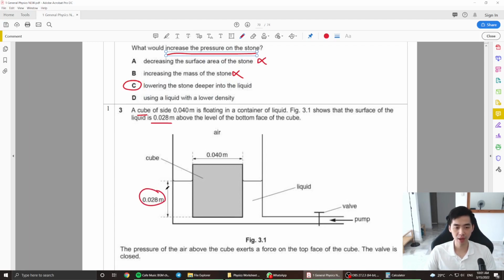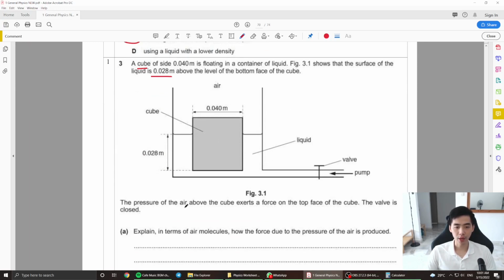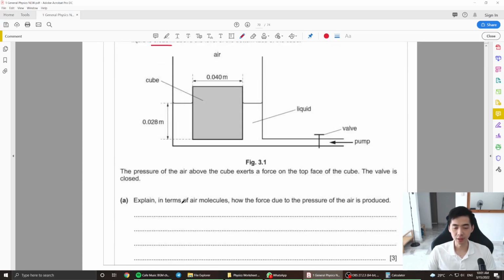So this part here is 0.028 meters above the level of the water. The pressure of the air above the cube exerts a force on the top of the cube. The valve is closed. Explain in terms of air molecules how the force due to the pressure of the air is produced here.